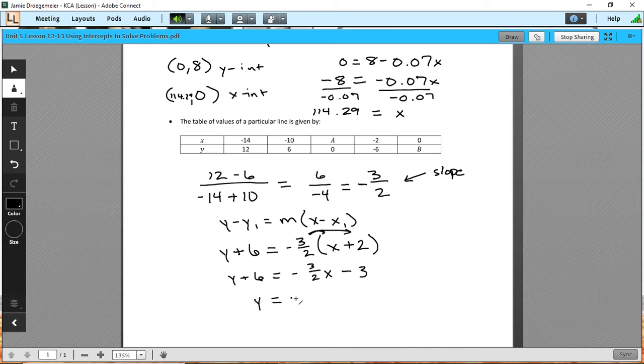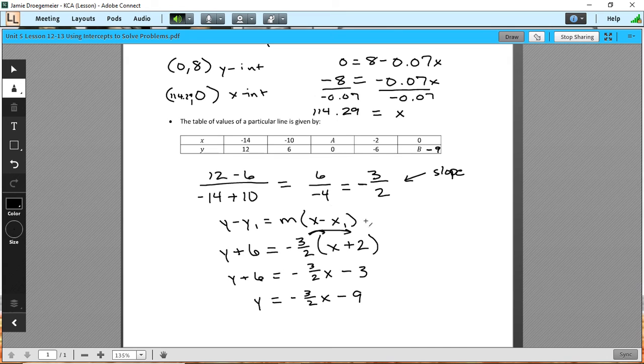So subtract 6 from that side. On this side, -3 minus 6, that's going to be -9. So here it is in slope-intercept form. And so that's telling me that my y-intercept, when x is 0, y would be -9.